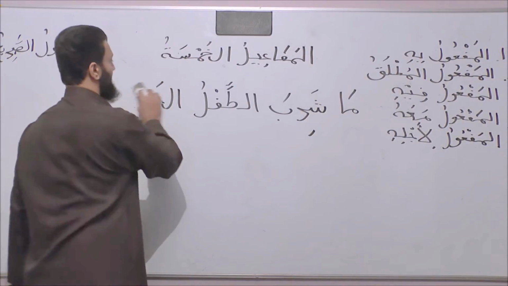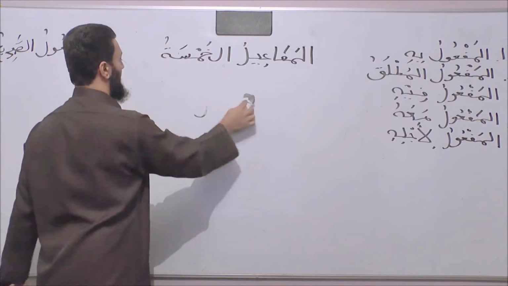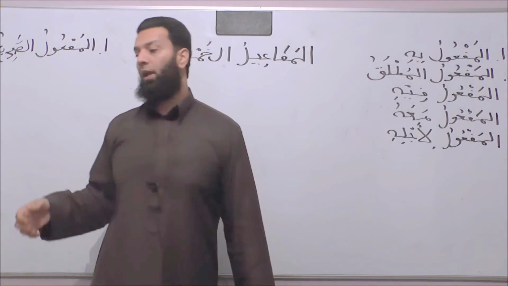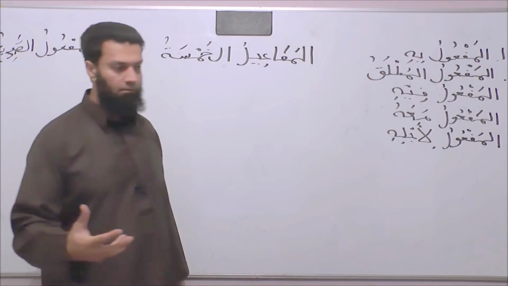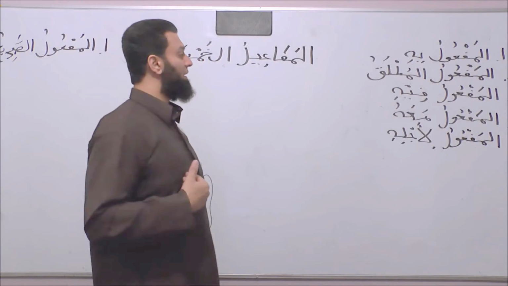What therefore is the second type of al-maf'ulu bihi? It can be a damirun which is muttasilun. It can be a damirun which is متصل.